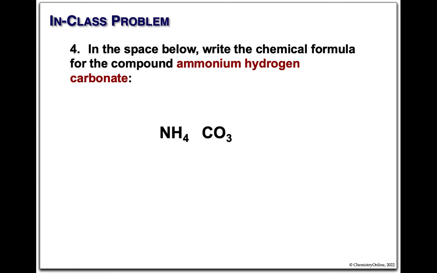Ammonium is a +1. But this is hydrogen carbonate. So carbonate looks like this. To make hydrogen carbonate, what we do is simply put a hydrogen on one of the negative oxygens. To show that, we simply put the hydrogen in between here. That is ammonium hydrogen carbonate.